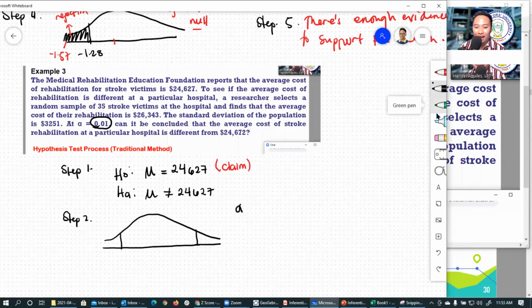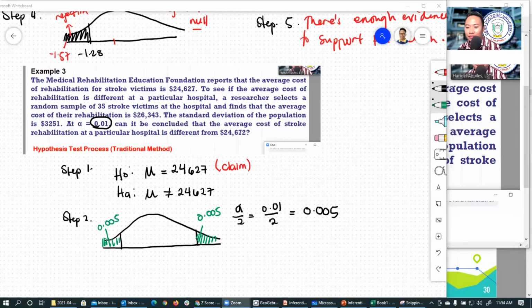So alpha over 2 equals 0.01 over 2. The answer is 0.005, if I'm not mistaken. 0.01 divided by 2 is 0.005. Did you follow? So in other words, the area of each tail, guys, is given by 0.005. And this one as well here is given by 0.005.